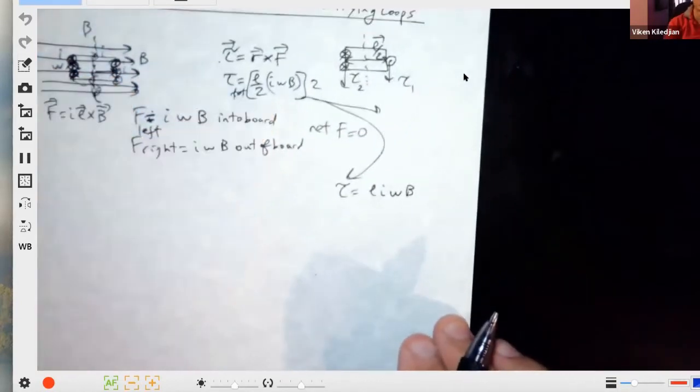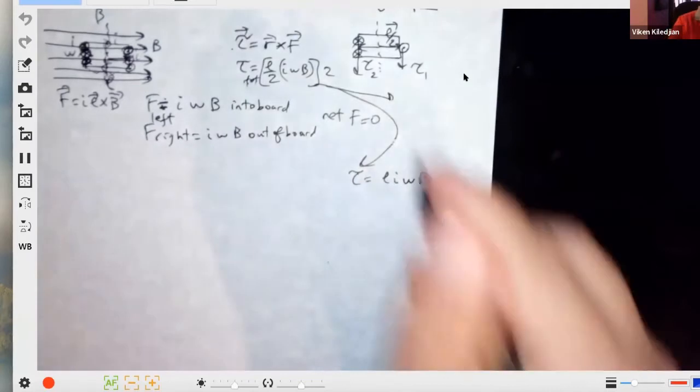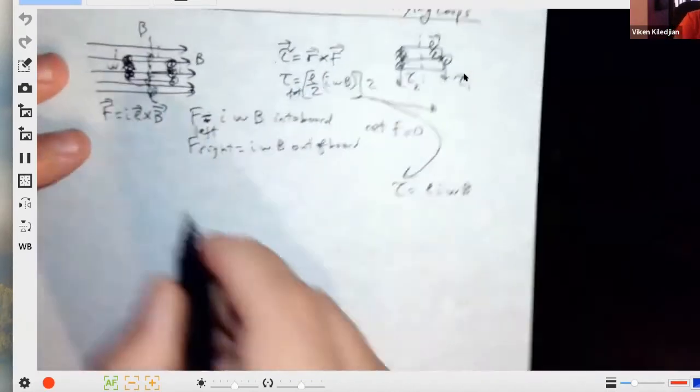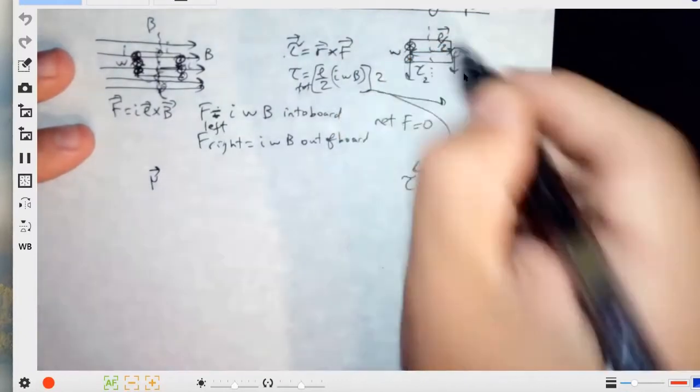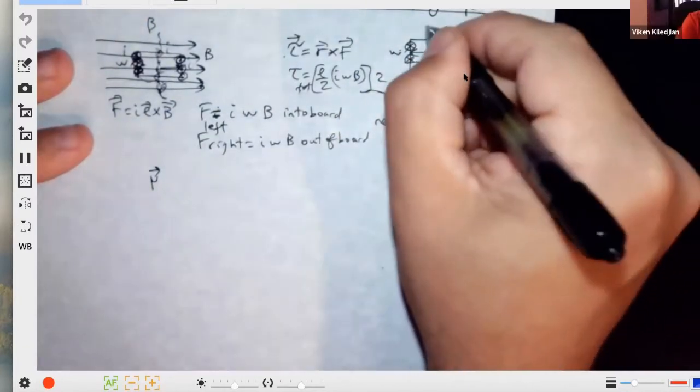Okay. So now we're going to define something known as the magnetic moment of that wire. What is the W? It's the width. And the L is the length.